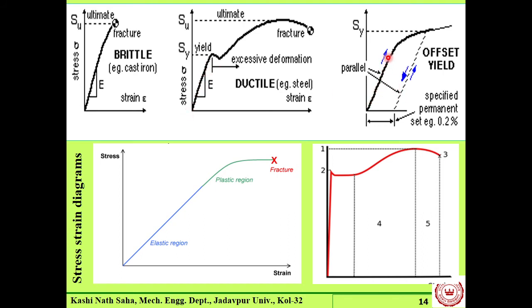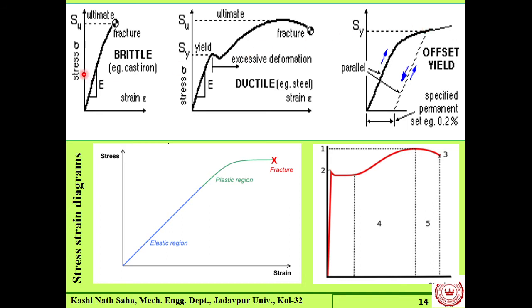That is quite obvious from here. Taking that particular slope, we can draw a line, and this line will intersect our stress strain diagram at a particular point, and we take that as the equivalent of yield stress.